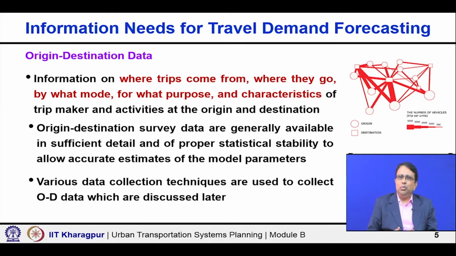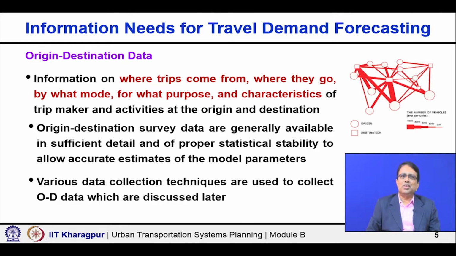So, there are many data which are really important related to travel. One very common, but very vital data is the origin destination data.